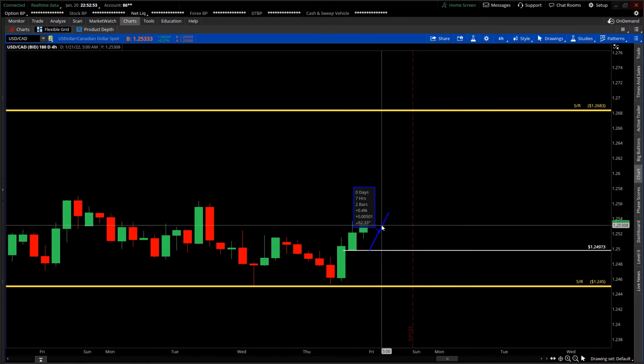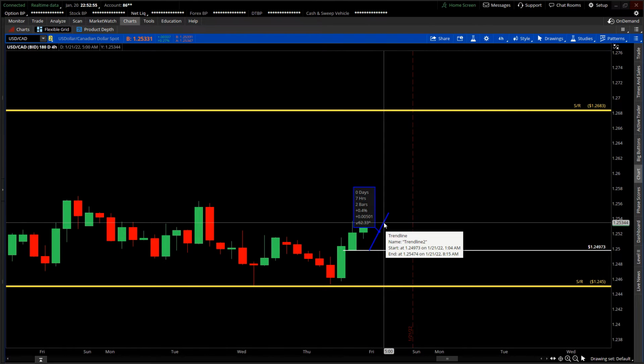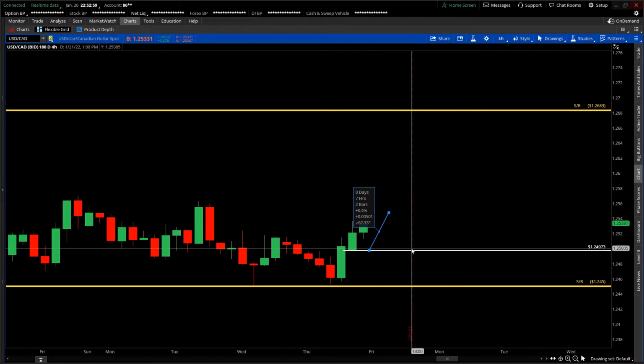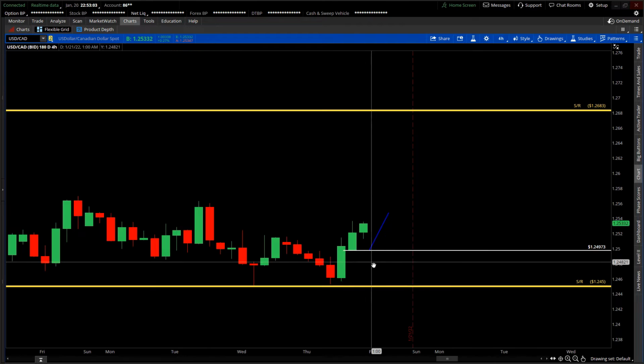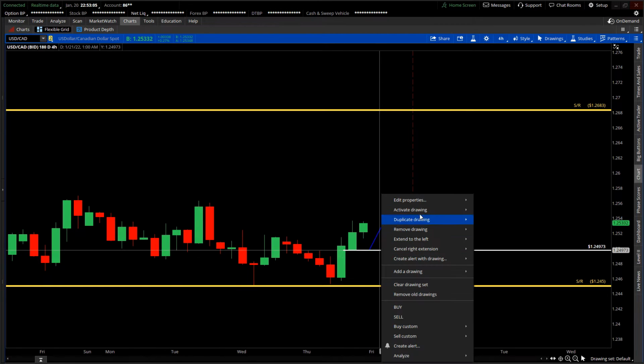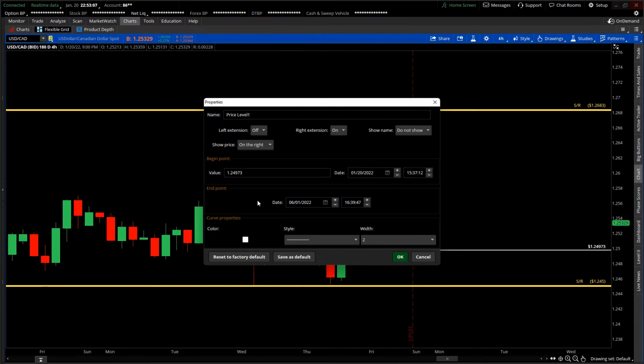So right now I'm looking at a 50 pip reward or take profit, but I am risking 18 pips. When I entered this trade, I had an 18 pip stop, which was 1.24793.